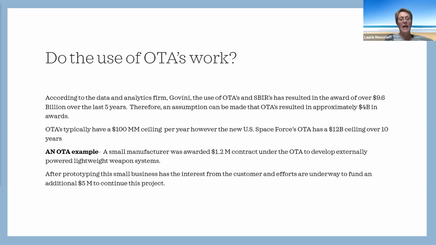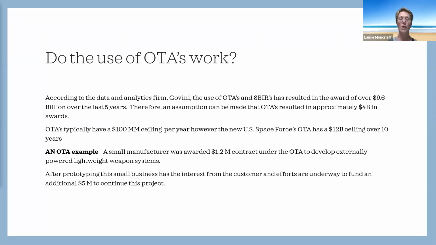I have an example of a company that I know and am working with. They received an award of $1.2 million under an OTA to develop an externally powered lightweight weapon system. They have now completed the work they were awarded under that OTA, and the command loves what they've done.